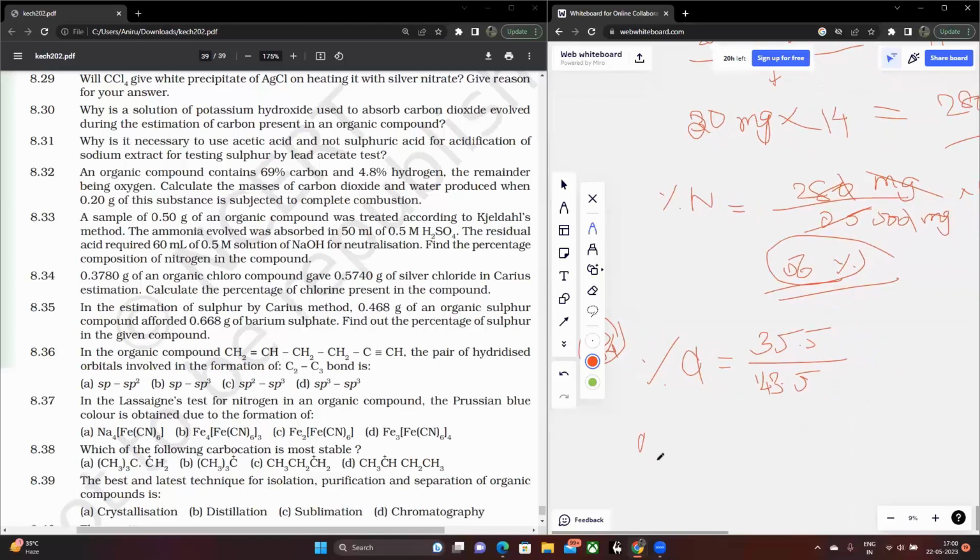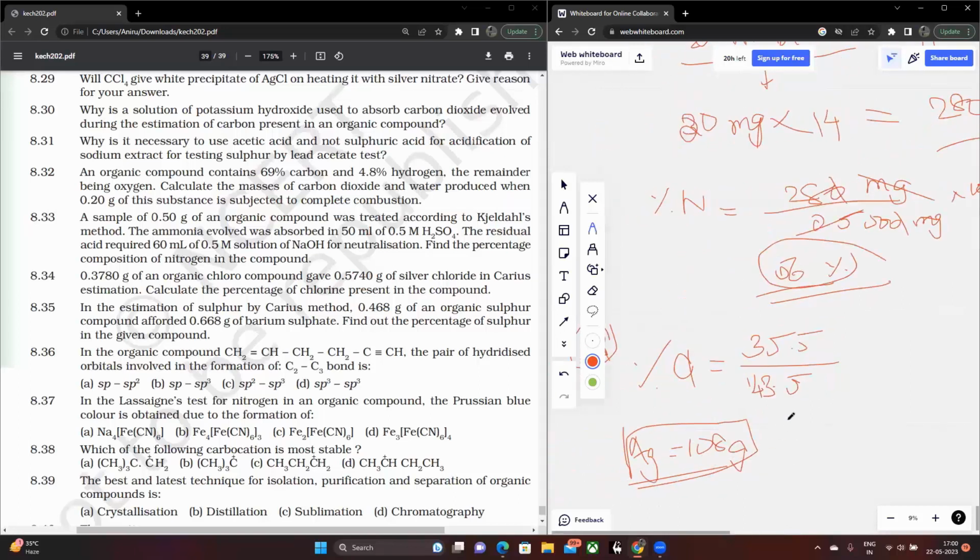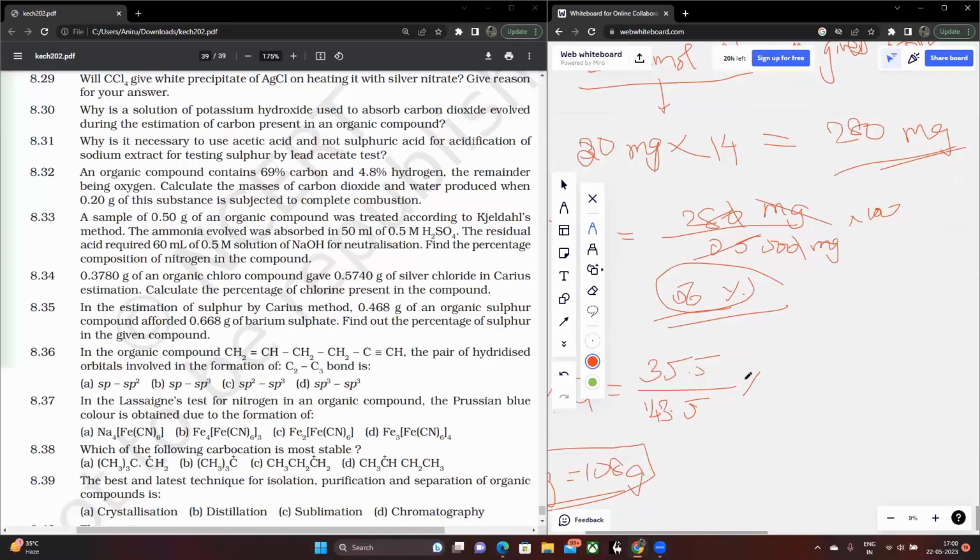Because the molar mass of Ag is 108 grams. You'll do well to remember this. This is a well-known result, right? The molar mass of silver is 108 grams, right?